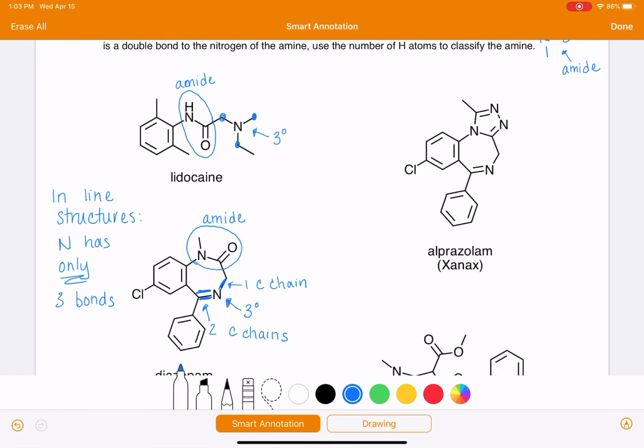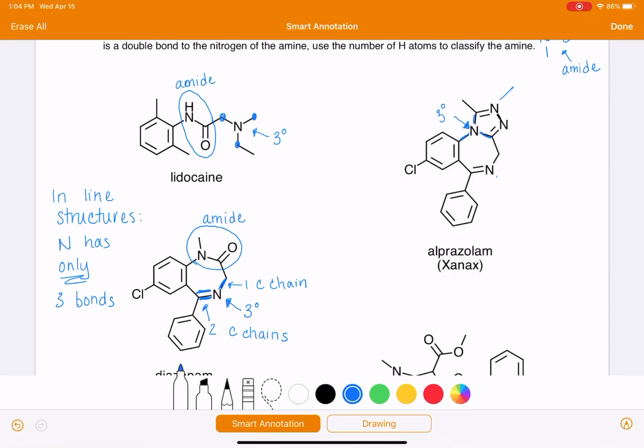So let's go up to the top again. Let's go to Xanax, because this one has a lot of nitrogens in it. So let's start with this one right here, because that one's relatively easy. We can see this nitrogen has 1, 2, 3 carbon chains, so that means it's tertiary. That one's pretty easy. So this next one, this bond is really short, but it is a bond right there.